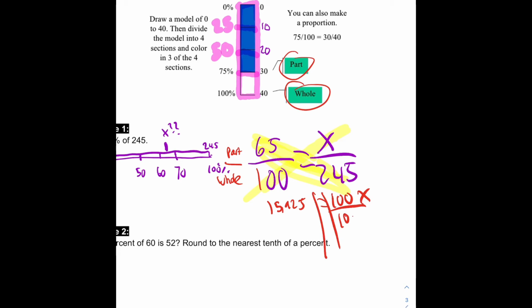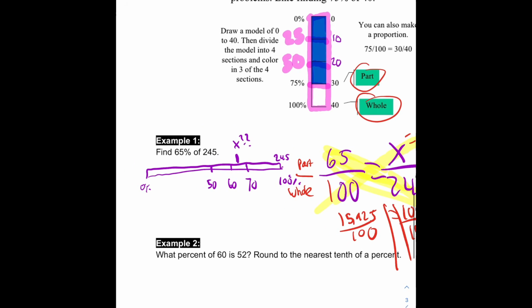So when I divide the left and the right by 100, I get 159.25. So what number is 65% of 245? 159.25.